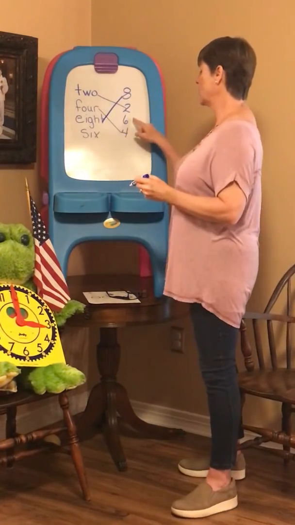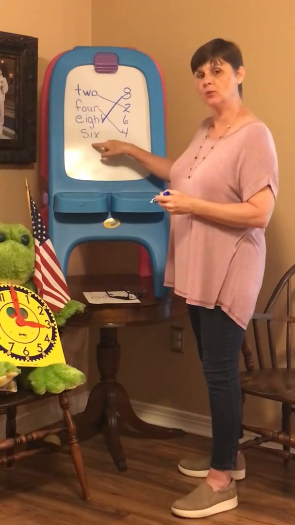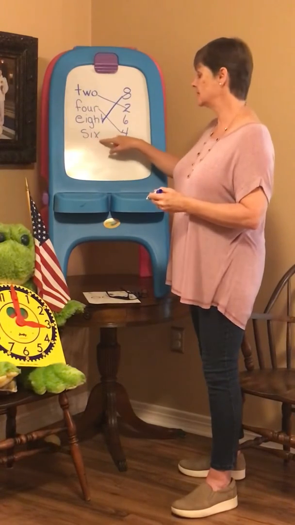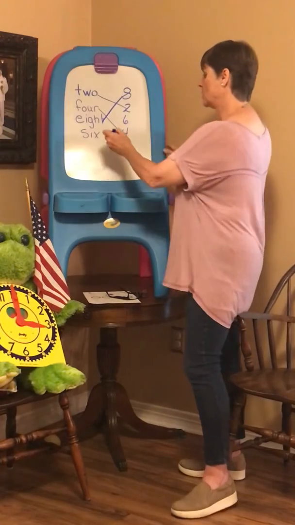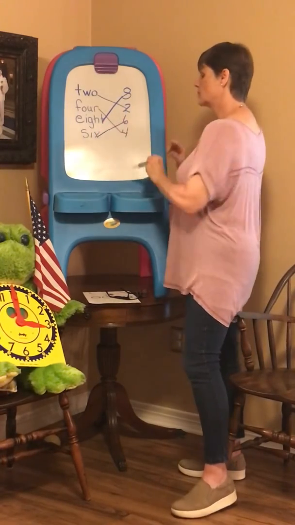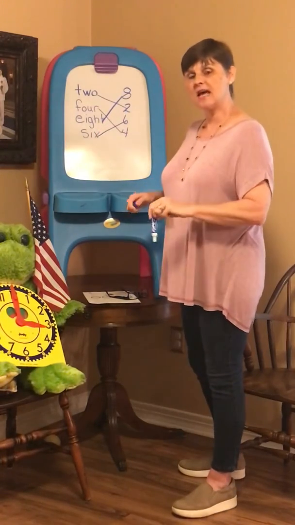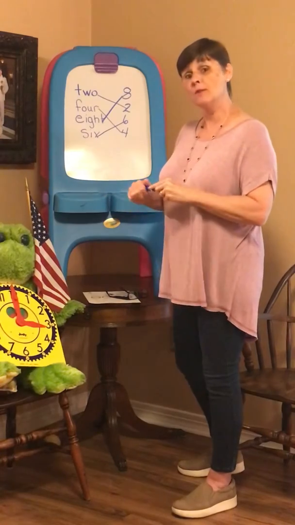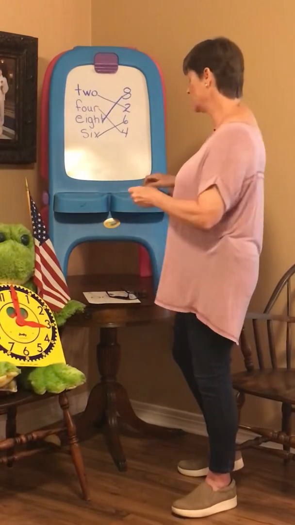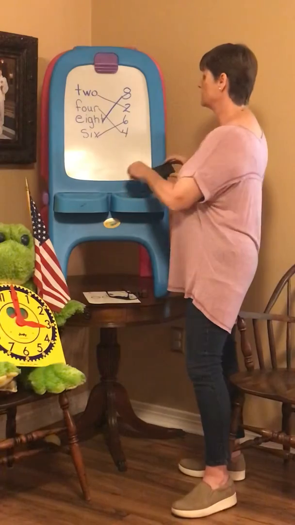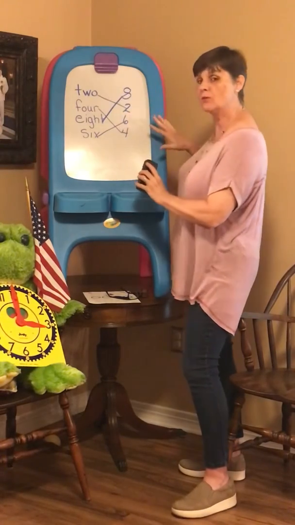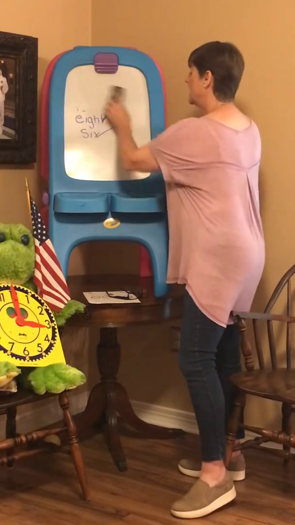And then of course we've got one number left and one number word left. So it has to be 6. So we're going to match that to the number 6. That's how we match number words. Remember that because in a minute you're going to do that on your worksheet. Okay? Matching number words. All right.